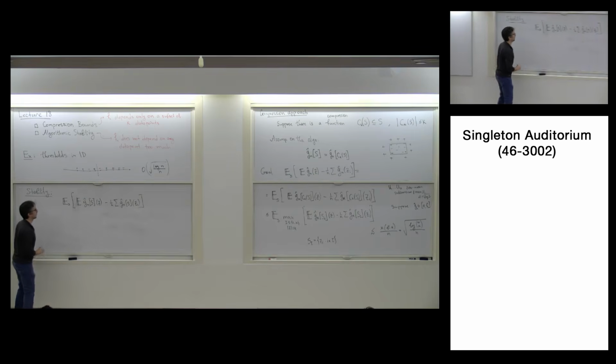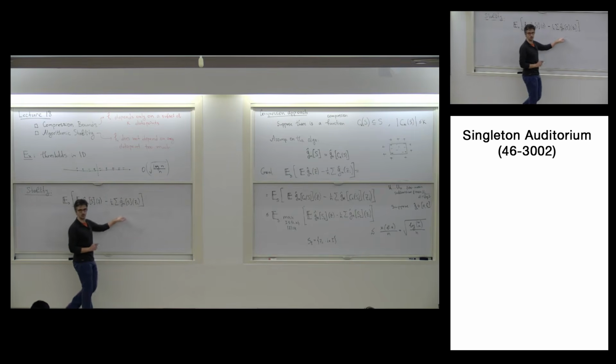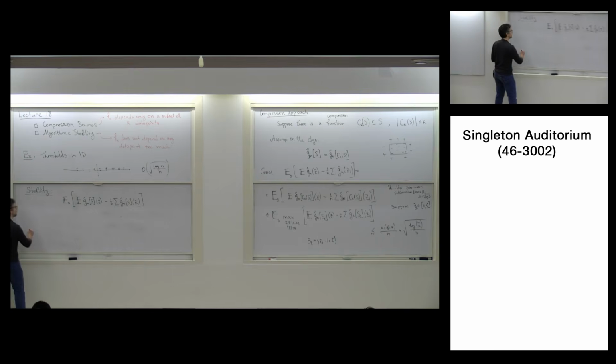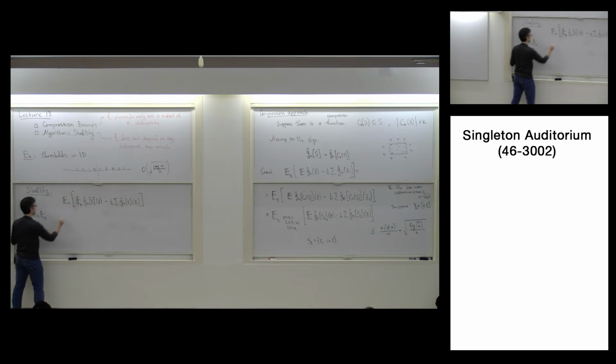What I want to do now is separately develop these two terms. So the first term is the expectation over S, expectation over Z, of G n hat of Z1 through Zn, evaluated on Z.